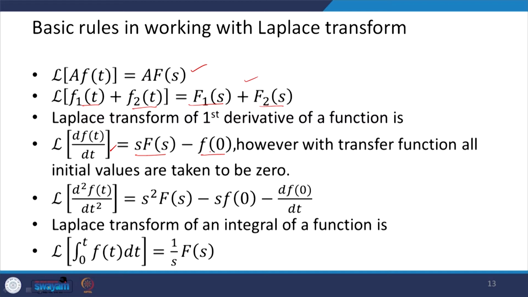However, when we are defining a transfer function, we take all initial values to be equal to 0, so this term we can take equal to 0. So, the Laplace transform of the derivative will be actually s F(s). Similarly, for the second derivative it is s square F(s) if we take the initial values as 0, and the Laplace transform of an integral of a function is basically 1 by s times F(s).